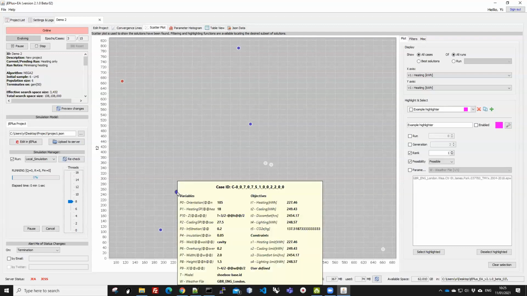If you point to that, on the left side are the parameter values of that case. And on the right side, you can see the objective values, say heating and cooling. The process is only using heating as the objective driving the optimization process, but the other values are reported nevertheless, giving you your parameter value choices.